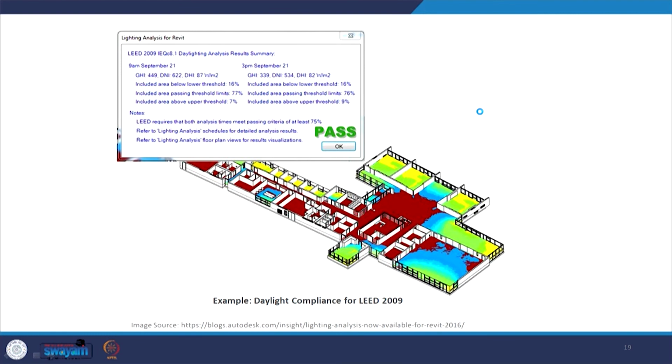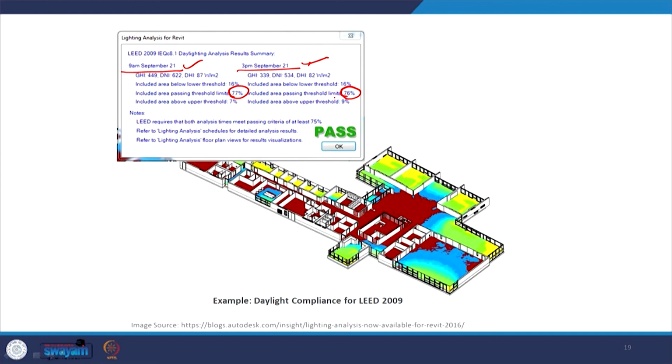So, with the help of the daylight simulation software which is embedded as part of Revit here, the compliance has been shown for 2 times on September 21. So, for 9 AM and 3 PM, and then we can see that the area which is passing the threshold limit is exceeding 75%, which is the minimum requirement if you want to comply with LEED.